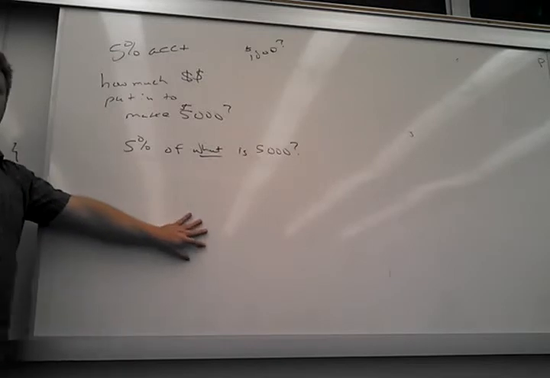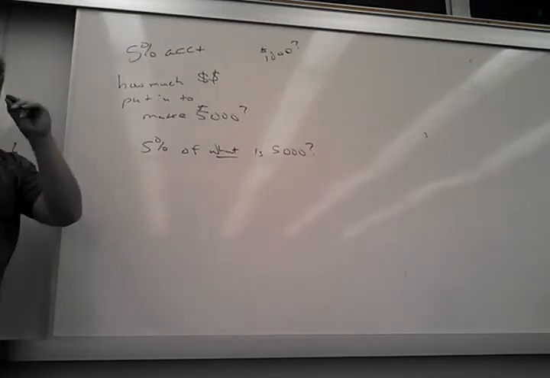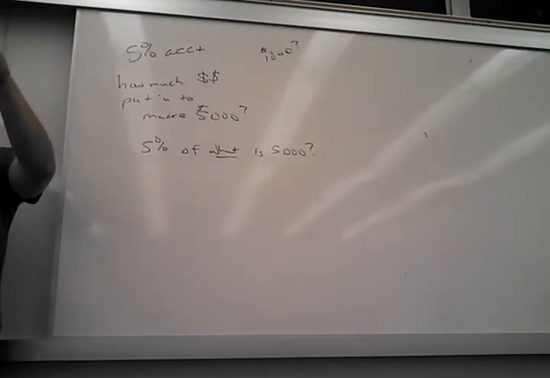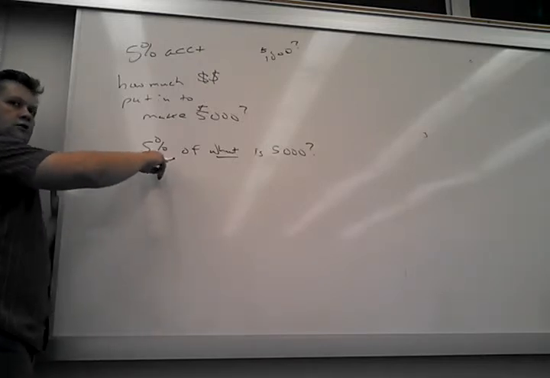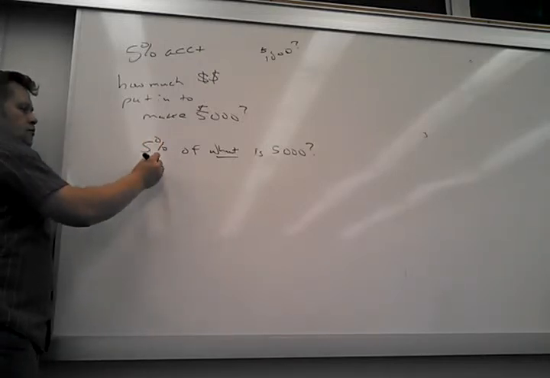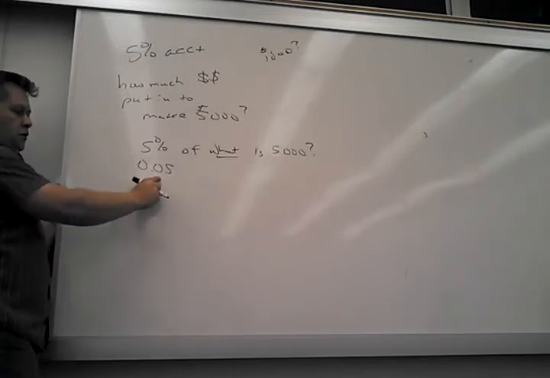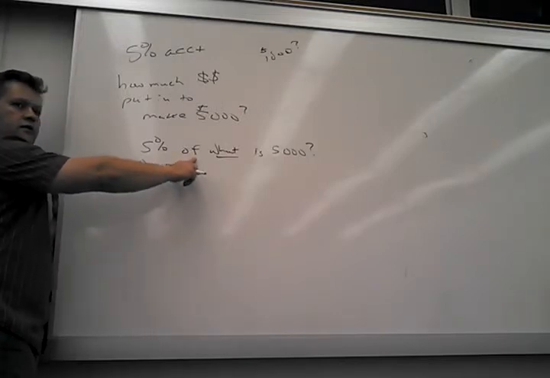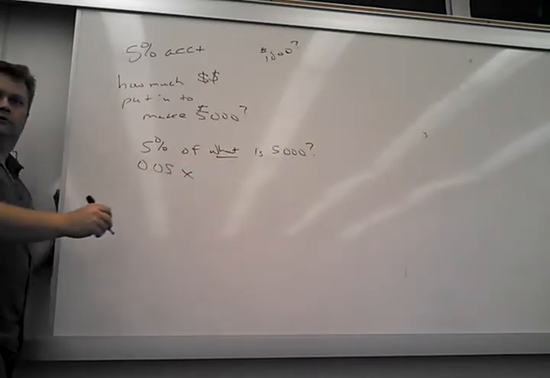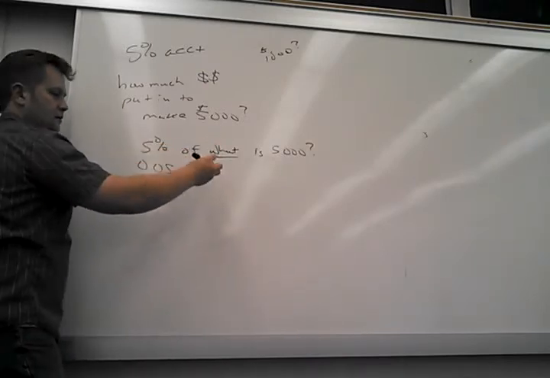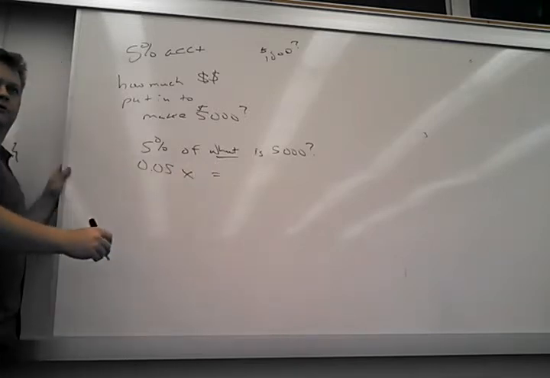Look, here's the beautiful thing, and again, I keep stressing the English to math translation. What's 5% in mathish? 0.05. Math doesn't like percentages. It wants decimals. Of means times. What? X. Equals 5,000.